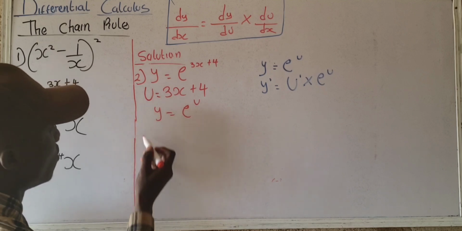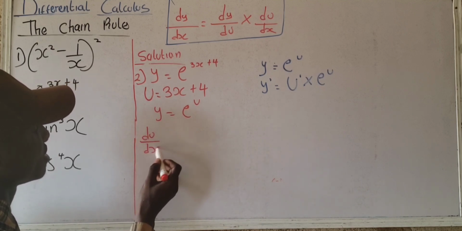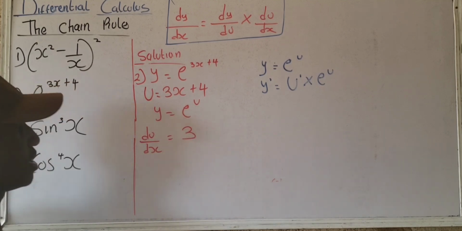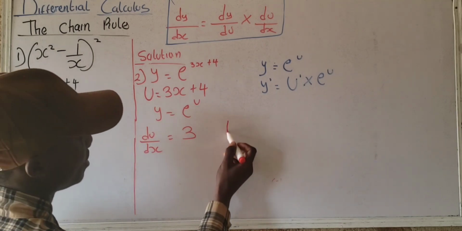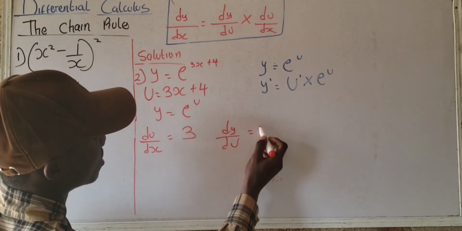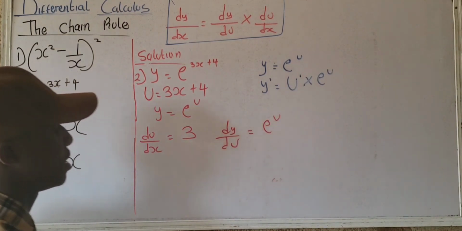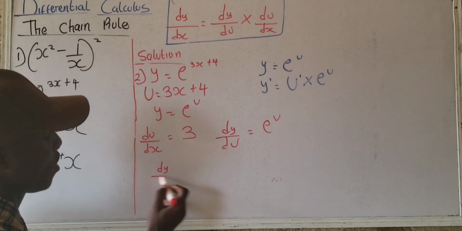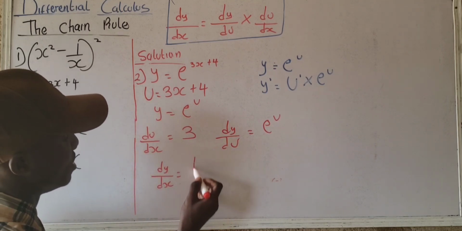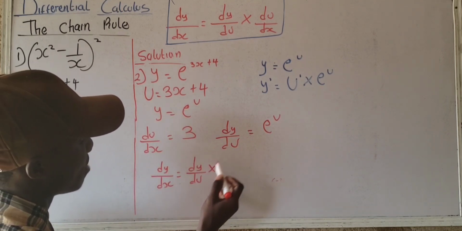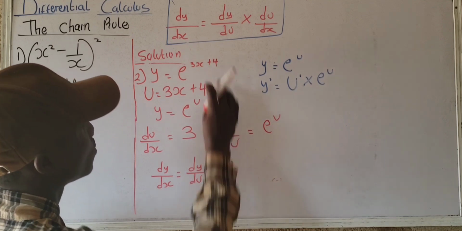Okay? Now, du over dx is equal to 3. Okay? And dy over du is also the same as e raised to the power of u. Okay? So, dy over dx is equal to dy over du multiplied by du over dx according to chain rule.